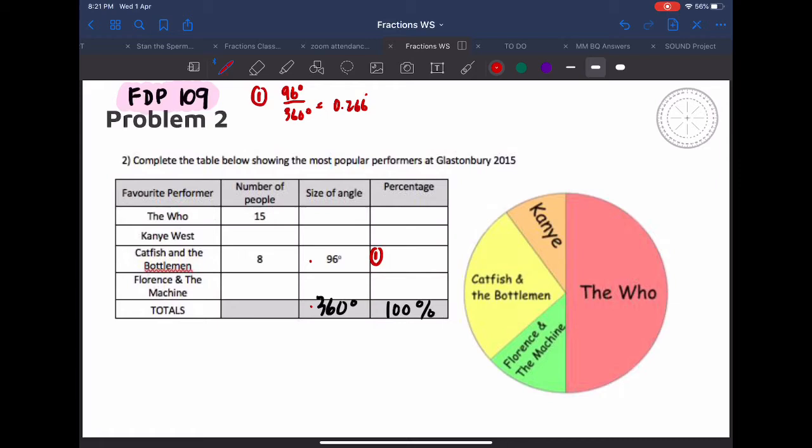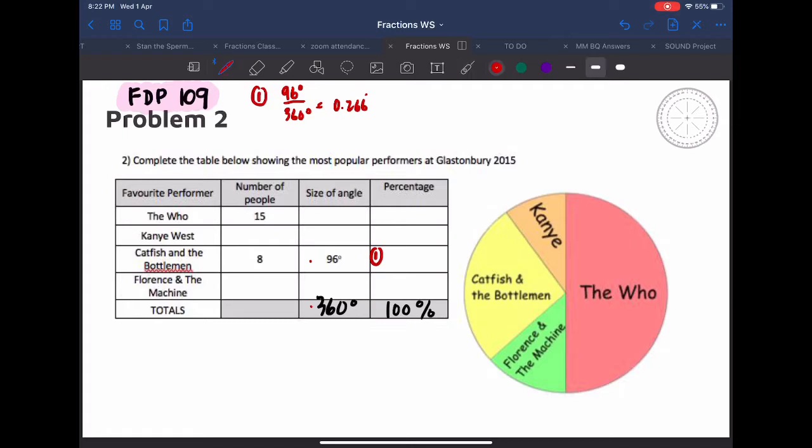0.266 repeating. Round to 2 decimal places. Now, please remember, 2 decimal places, there's the decimal point, 1, 2. This is the second decimal place. The next digit is 6. If the digit is greater than 4, then this goes up by 1.